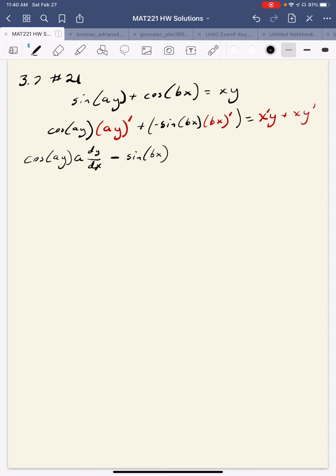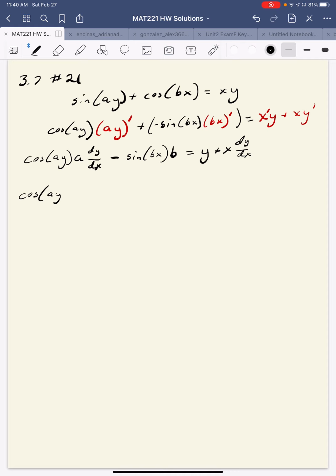And then the derivative of bx is simply b, equal to, the derivative of x is 1, and so that gives me y plus x, and the derivative of y is dy/dx. Okay, again, my goal is to get dy/dx by itself, so I am going to put the dy/dx terms on the left. I have this term here already. I have this term on the right side of the equation, so I'll have to subtract that term from both sides.